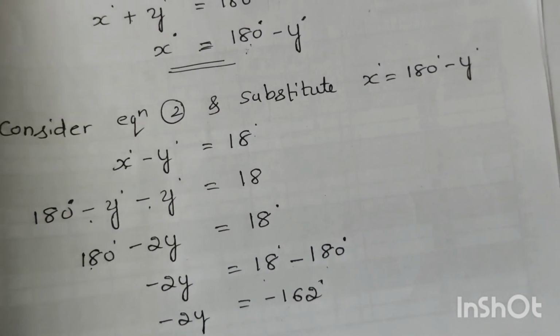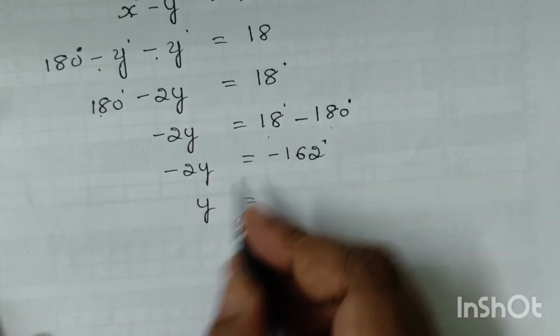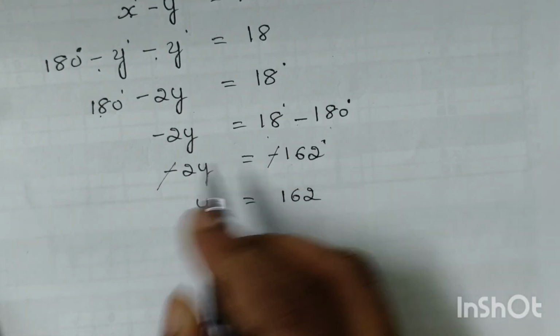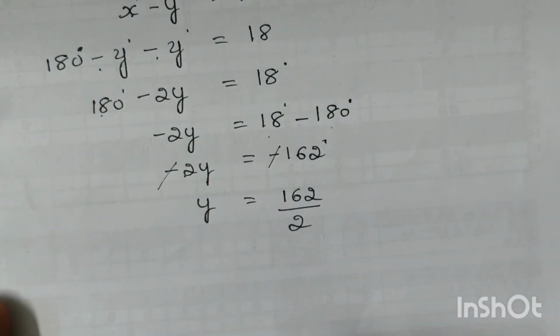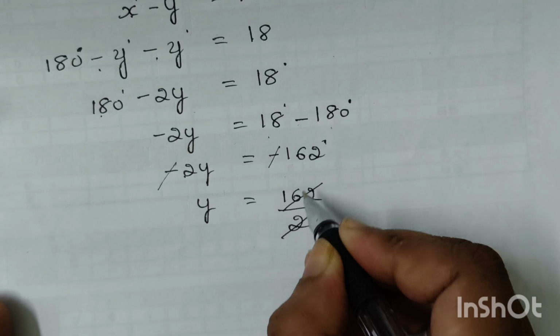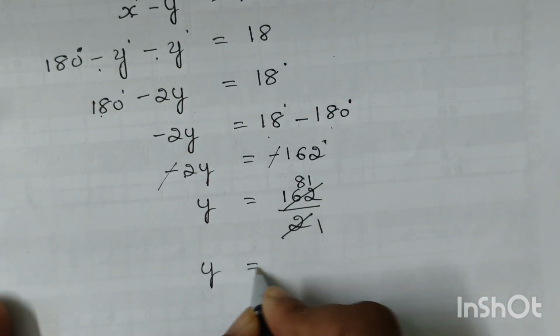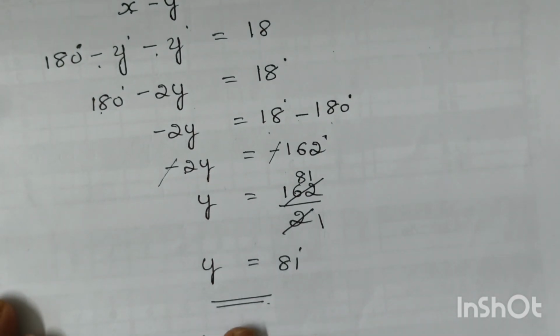y is equal to minus 162 by minus 2; the minus signs cancel, and the 2 that is multiplied, when it crosses, becomes divided by 2. 2 ones are 2, 8 twos are 16, 2 ones are 2, so y is equal to 81 degrees. We got the angle y as 81 degrees.